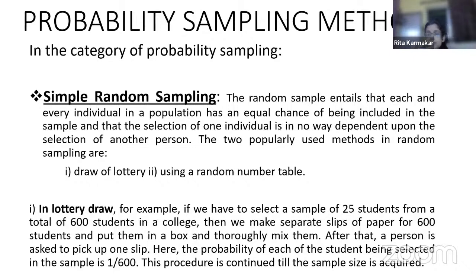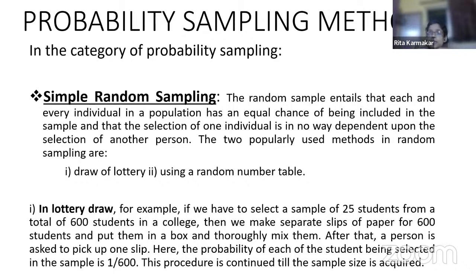It is a random sampling which is simple and random, as rightly mentioned, where every element in the population, you can say more technically, has an equal chance of being selected in the sample, and the selection of one individual is in no way dependent upon the selection of other people.